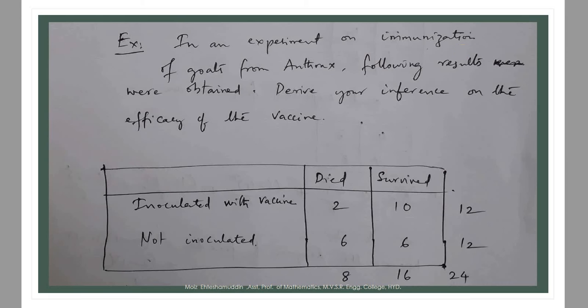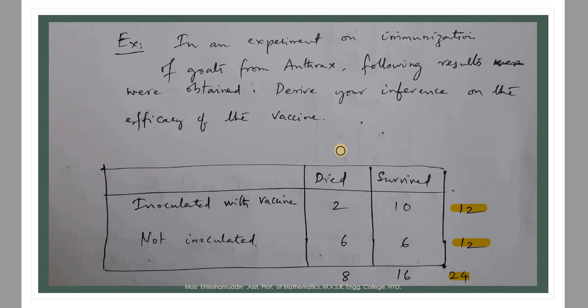This 24 gives that there are totally 24 goats under discussion, and there are two categories or two attributes. One is inoculated with vaccine, one is not inoculated. So how many are inoculated with vaccine is present here. This particular 12. So 12 are inoculated and 12 are not inoculated.